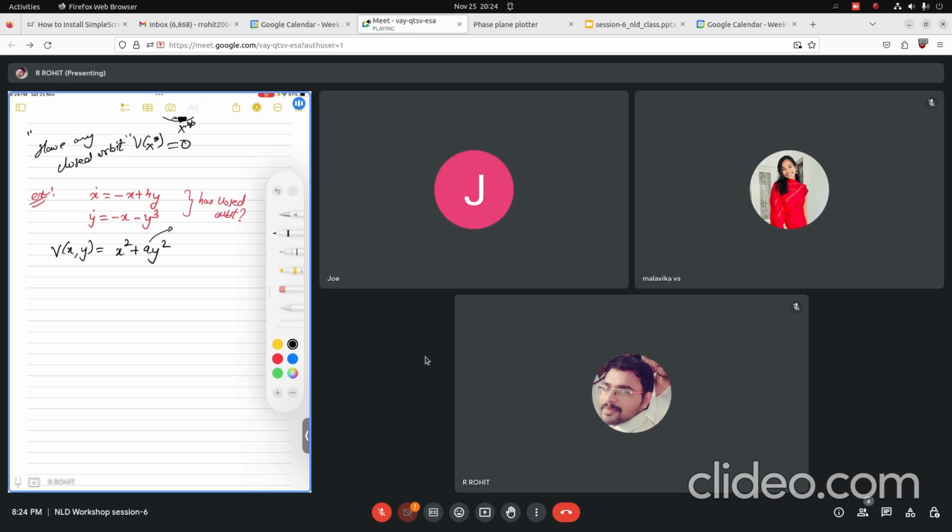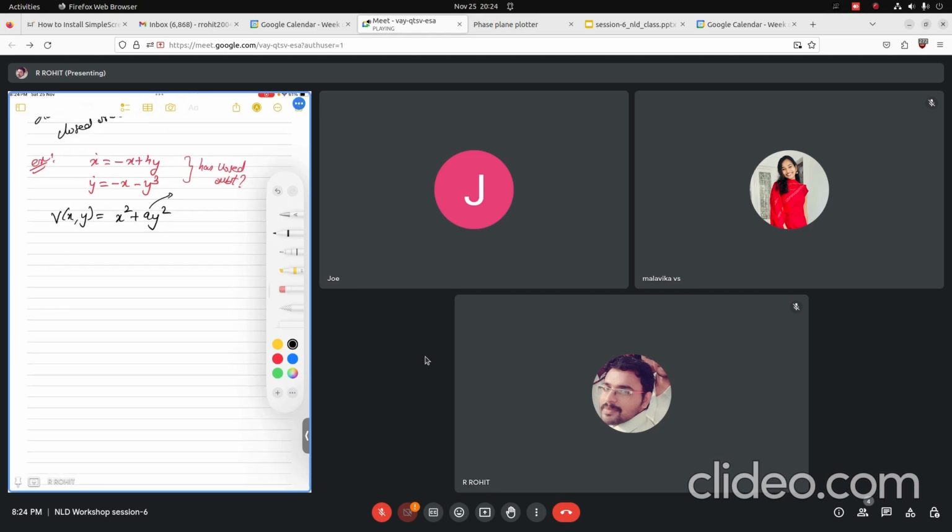We will see how to choose the value of a. Usually this sum of squares is able to explain most of the systems, but it is not proved from any basic principles. That's why getting the Lyapunov function for every system is difficult, but for most things, this sum of squares will work.